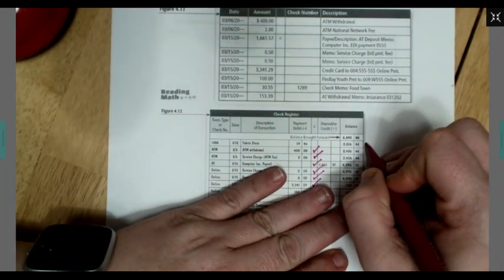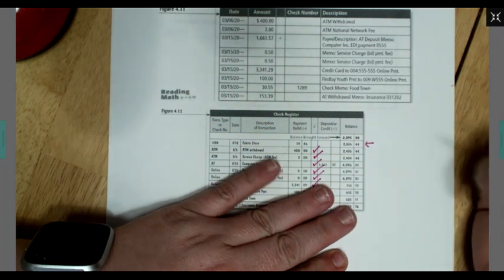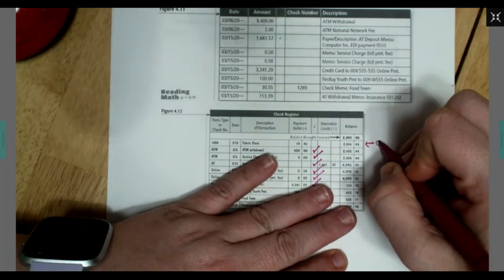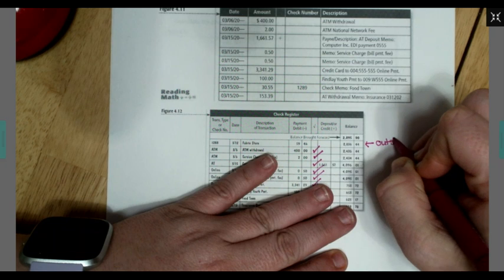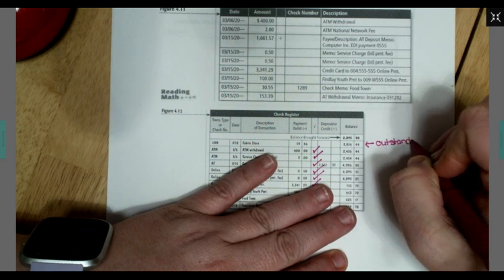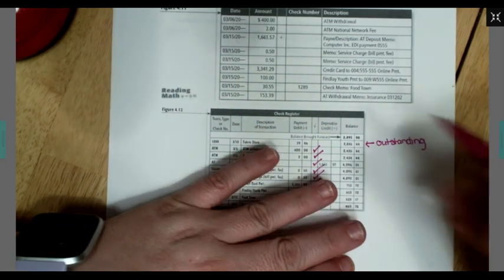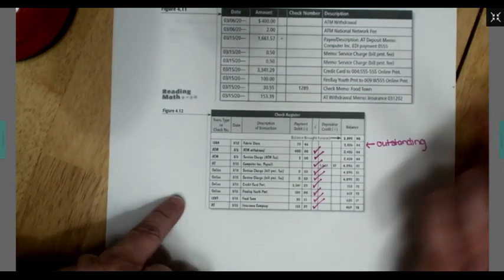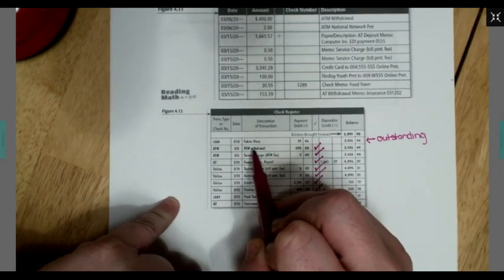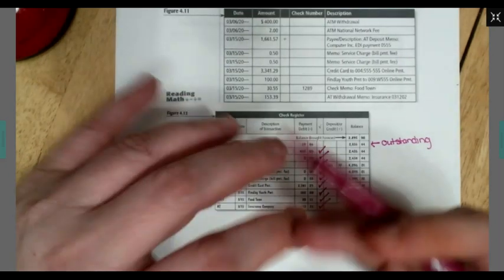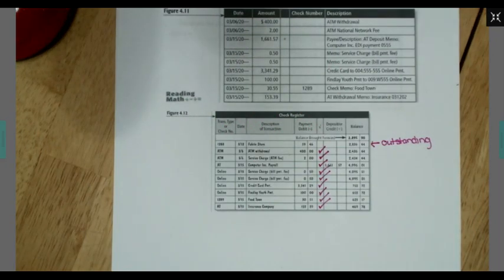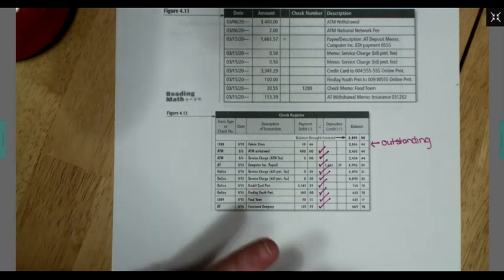This line right here is what we consider outstanding. And the reason it is outstanding is because it has obviously not cleared the bank. So what happens is we write this check to this company, in this case a fabric store, and the fabric store has not put it in the bank. So the amount has not come out of your account yet.